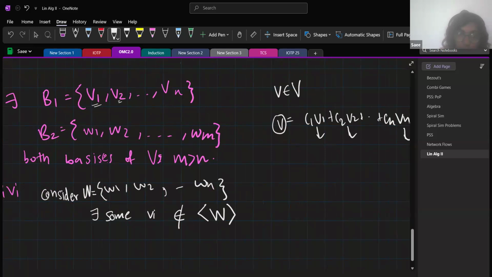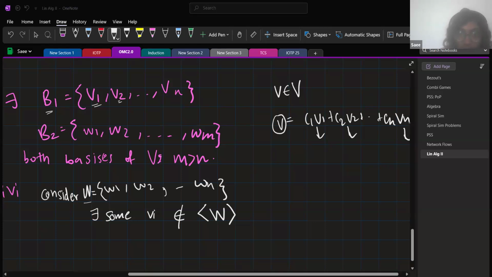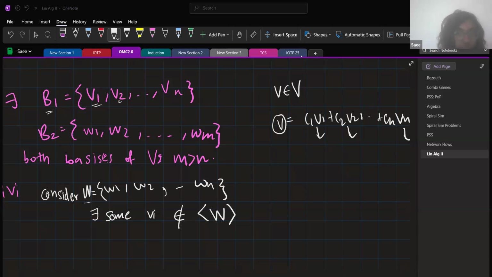So if all of the Vi's from B1 belonged to the span of W, then that would immediately tell us that W spans B, and that would be a contradiction because B2 we are assuming is minimally spanning. Right? Yeah. Is this okay? Arham, does this make sense? Yeah. Okay, good.